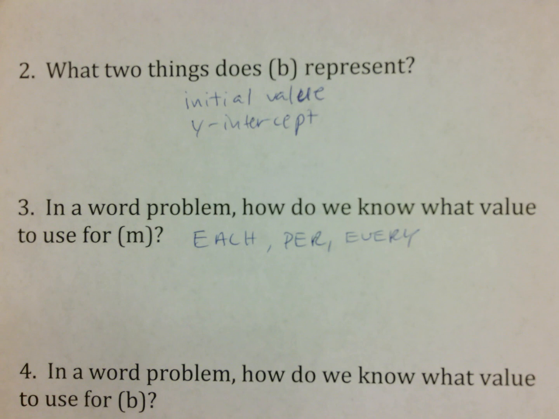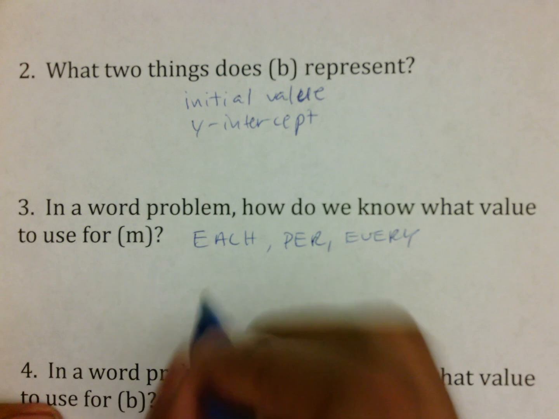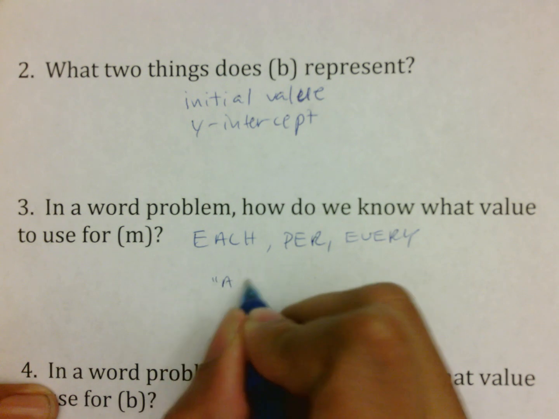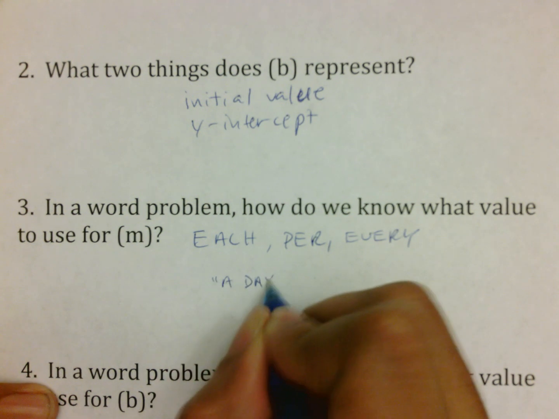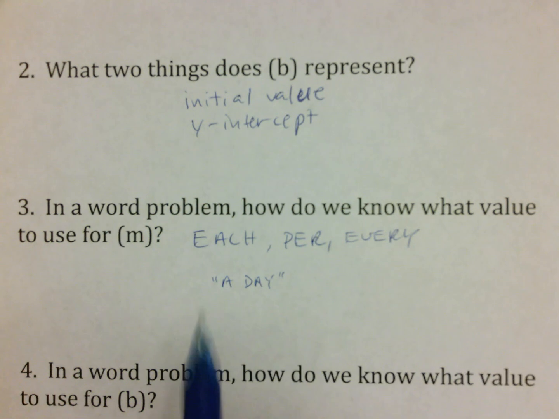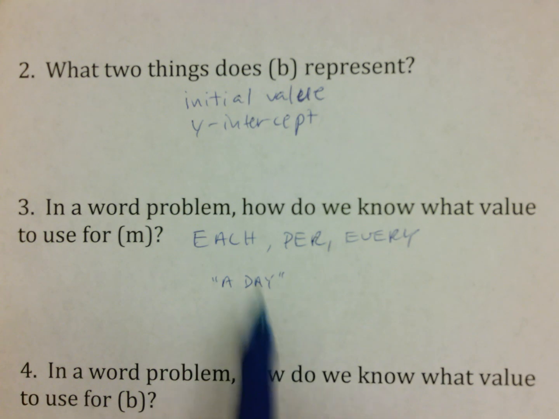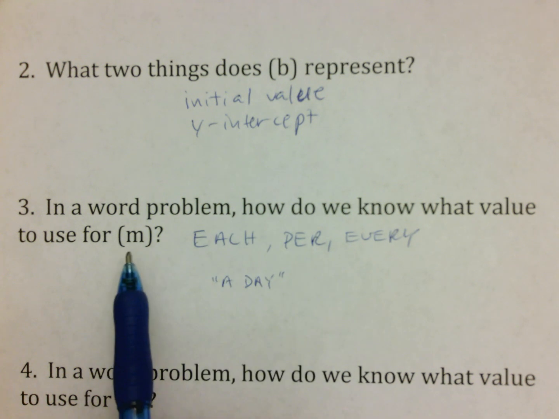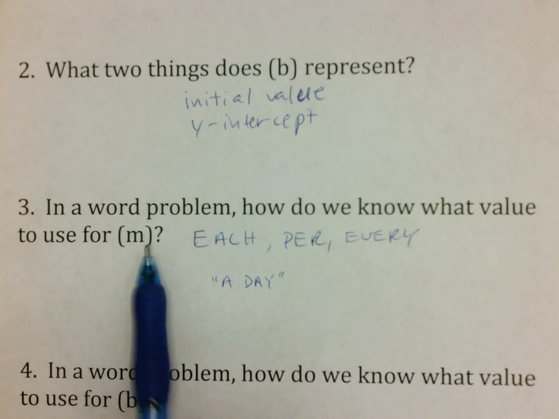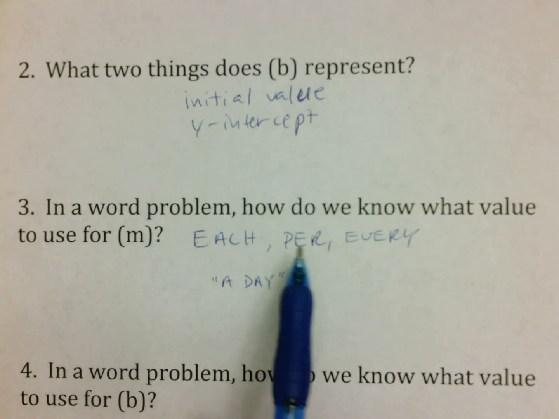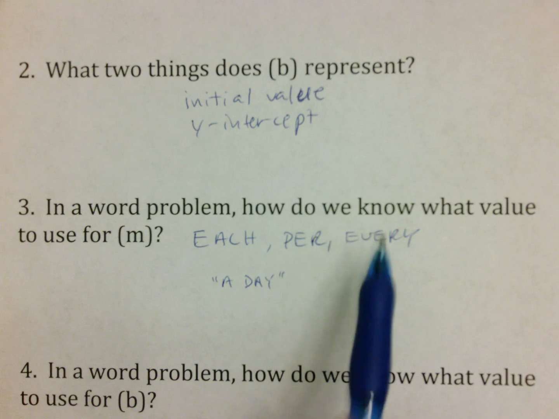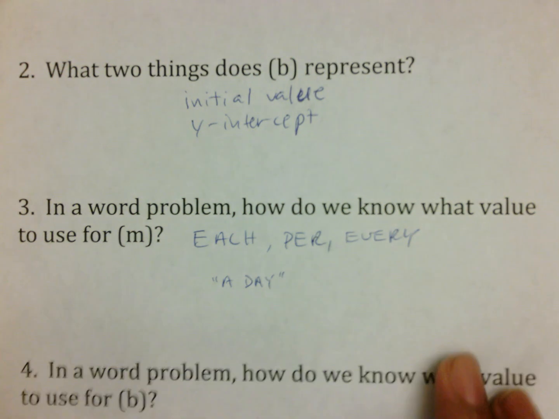It could say such and such a day, like it's $2 a day, or $5 a person. Anything like that is what you're going to look for, because remember that M is attached to X, and what we learned last chapter was that these words attach your number, whatever that number is, to X.